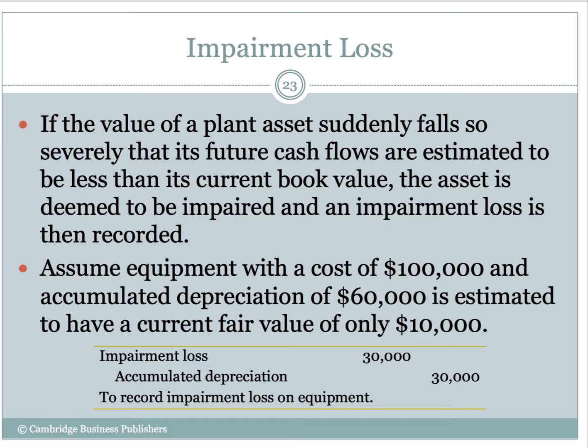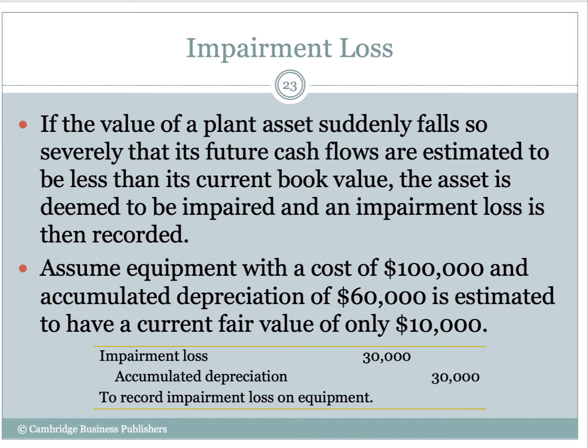I'm going to sell them for X amount of price, subtract out my expenses, and basically calculate my net income based on that future asset. Then I look at it and ask, did the value of this asset fall so low that those estimated cash flows coming in are lower than the book value of that asset? If so, we say it's impaired.